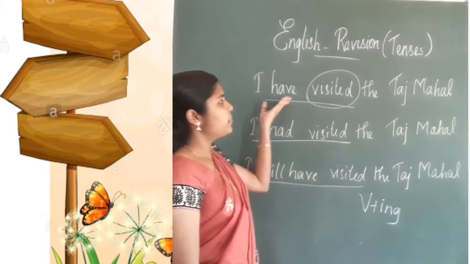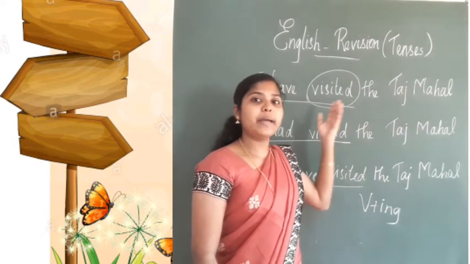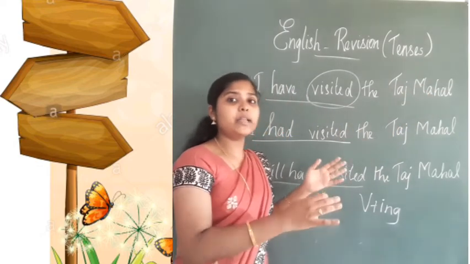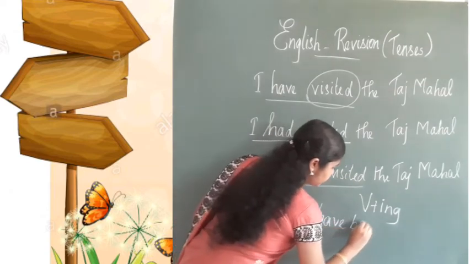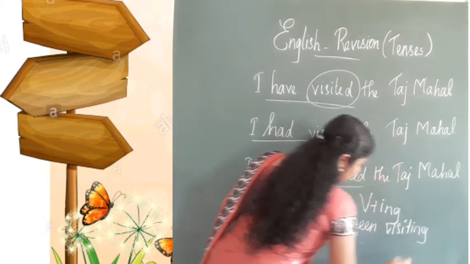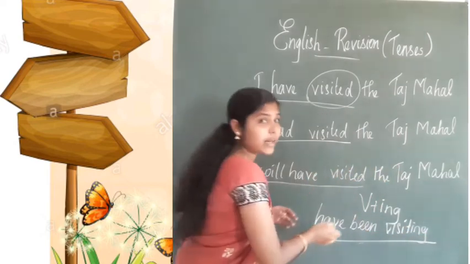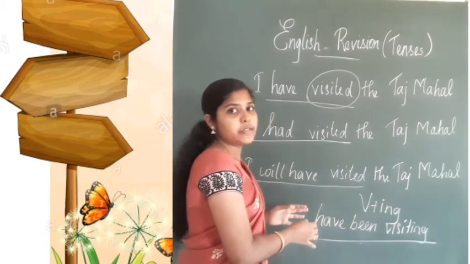Okay, I have been visiting the Taj Mahal. So I have been visiting. This is indicating a continuous activity which happened over a period of time.